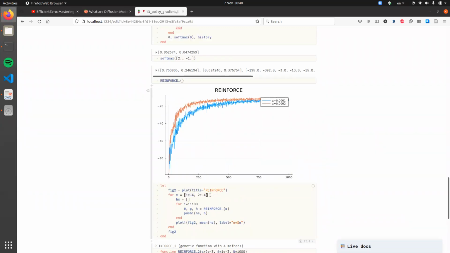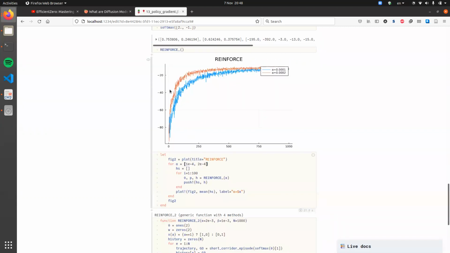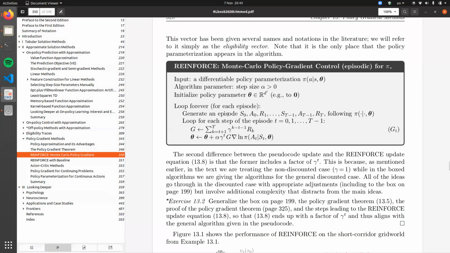The learning rates I've used here are quite different from what they proposed in the book. I'm not sure why, so I will need to check the source code used there. But you can see that in my case, the algorithm converges to a near optimal solution with a much higher learning rate compared to what they report in the book.